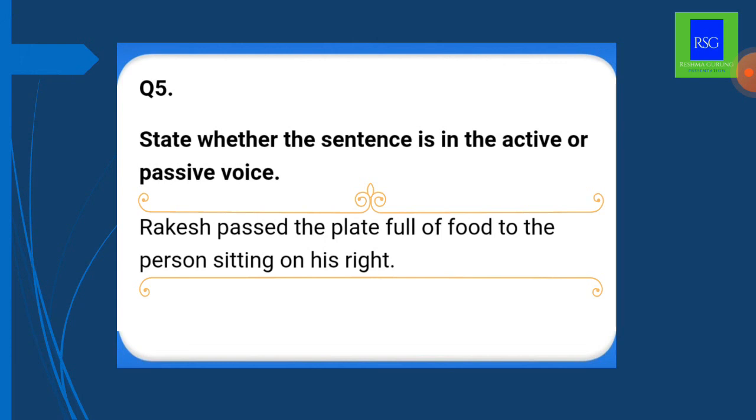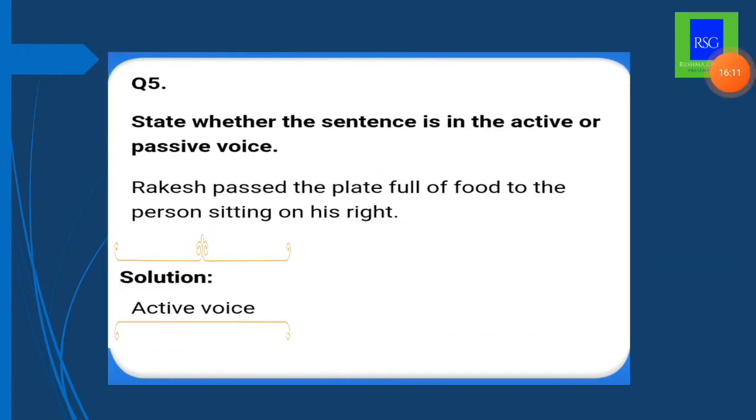Rakesh is the subject, and he passed the plate full of food to the person sitting on the right. So this sentence is in active voice, since the subject is acting upon the object directly.